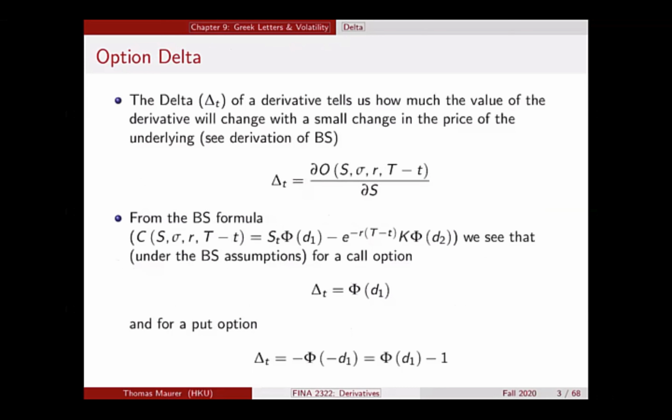And so delta, also from the point of view that it is a partial derivative of that option price, already suggests that it only captures how much the option price changes if the price of the underlying asset changes just a little bit. So if you now have larger changes in the underlying asset price, then delta may not work very well anymore to hedge risks. And then we have to look at other Greek letters, and we see that in the next few slides.